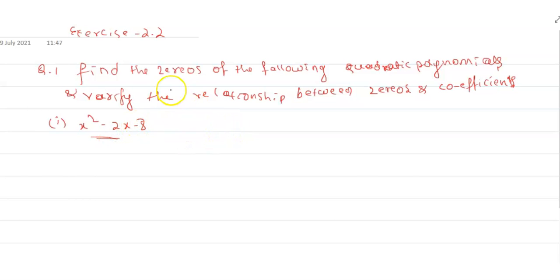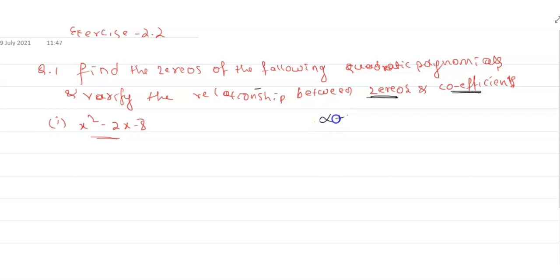You should remember one thing here. For a quadratic polynomial, how many zeros can we have? Here we have to check the relation between zeros and coefficients. In the last class I told you the zeros and coefficient relation in a quadratic equation.